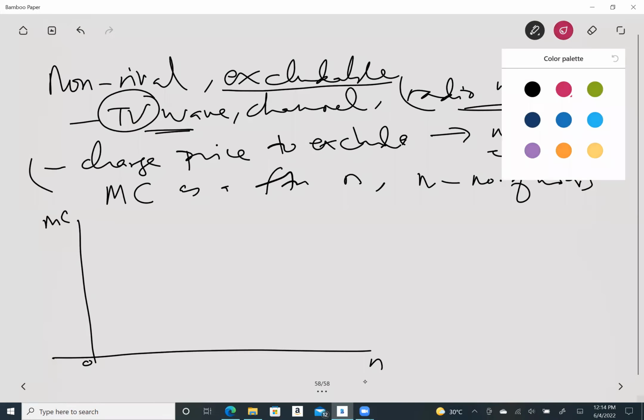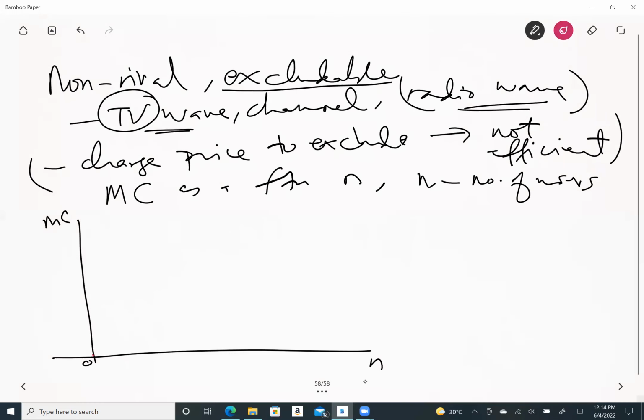MC is equal to 0. It's not rival. There will be no congestion. It's not like the previous model where after a certain point you have congestion cost. In this case, whatever the amount, 20 million, 50 million, 10 million, there will be no congestion, because the good is non-rival, and it can be excludable because you can charge a price.